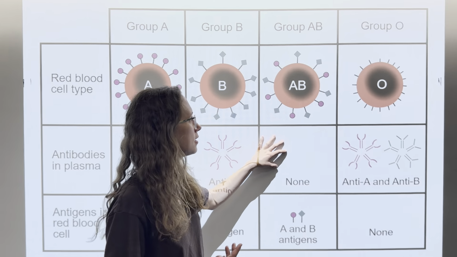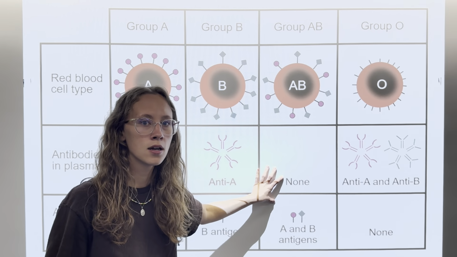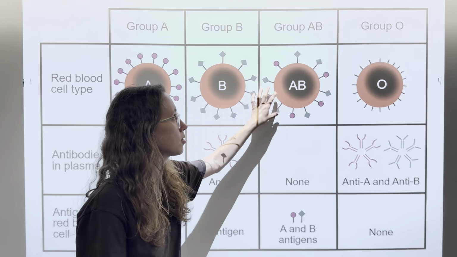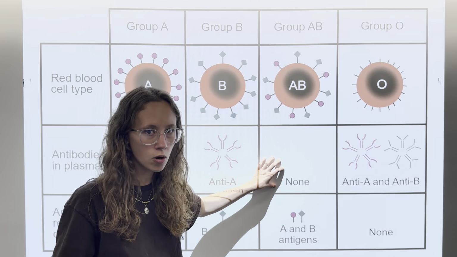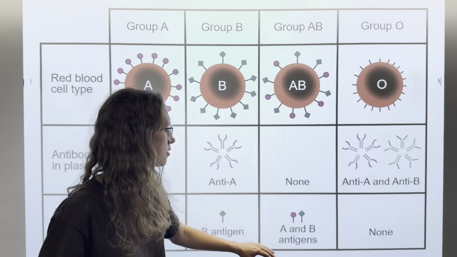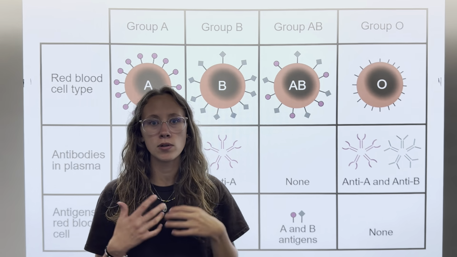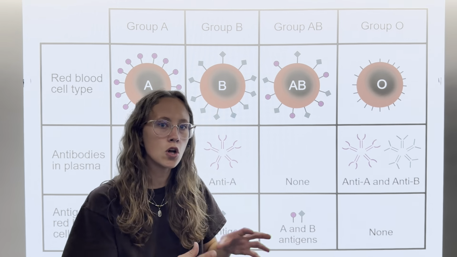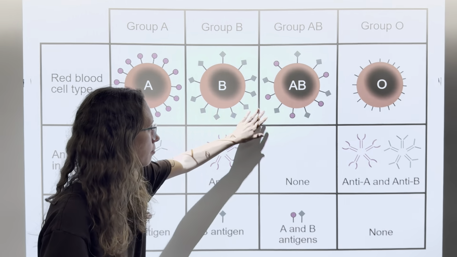So what that means is any blood can be given to someone who has AB blood, and there will be no negative interaction there because they have no antibodies. So since there are no antibodies, it's not going to negatively react with anything. There is no blocker in the AB blood.